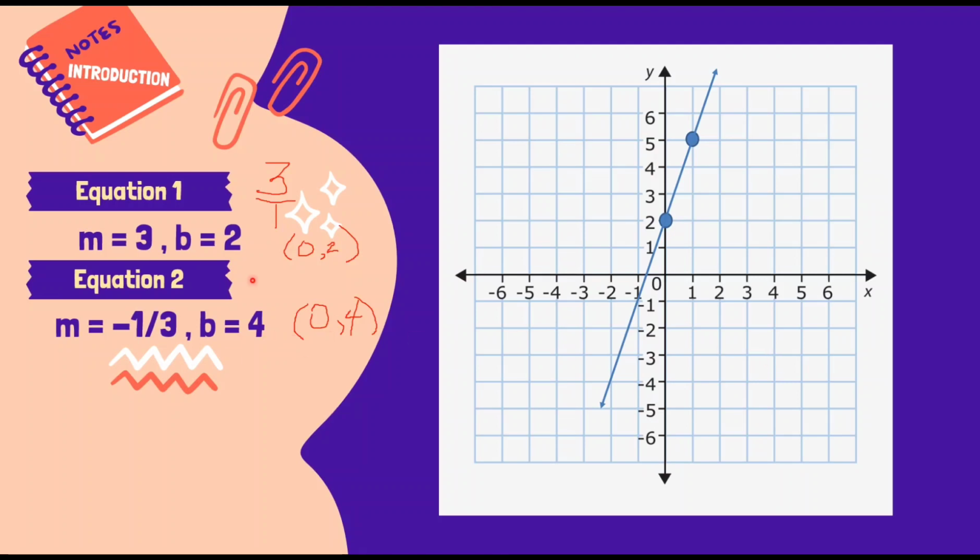And then, let us proceed to our equation number 2. 0 and 4. Ayan. So, from 0, ang ating x, and then 4, positive, tataas ulit tayo. 1, 2, 3, 4. So, that will be our second equation. So, from here, kailangan nating makakreate ulit ng second point. So, by using our slope. So, our slope is negative 1 over 3. So, our rise is negative 1. So, since siya ay negative, bababa tayo.